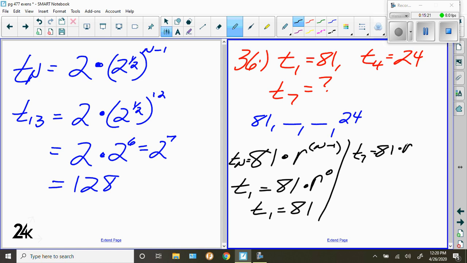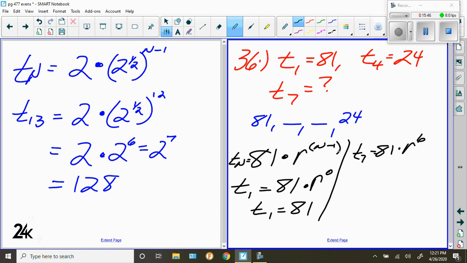Oh, shucks, I don't know what r is, to the n minus 1, to the 6th. I wish I knew what r was. Is there any way to figure out what r is on that problem?